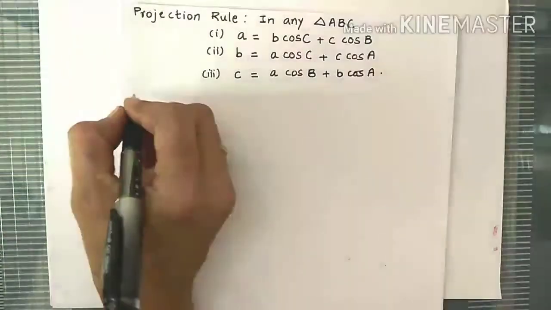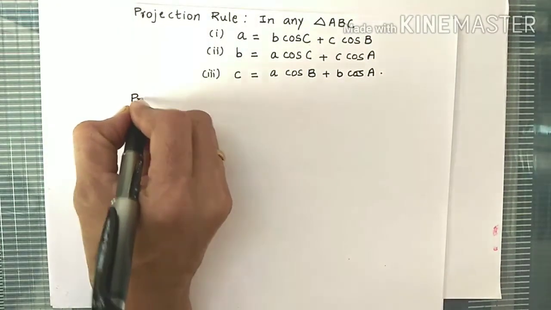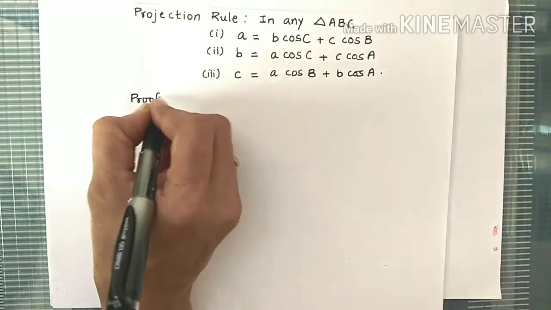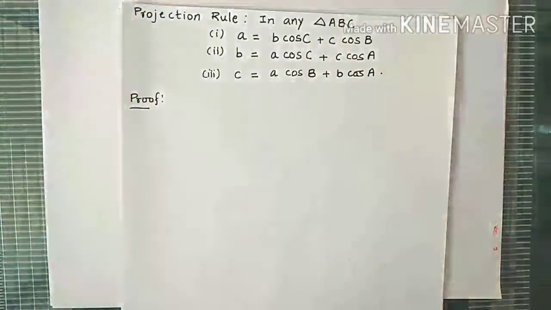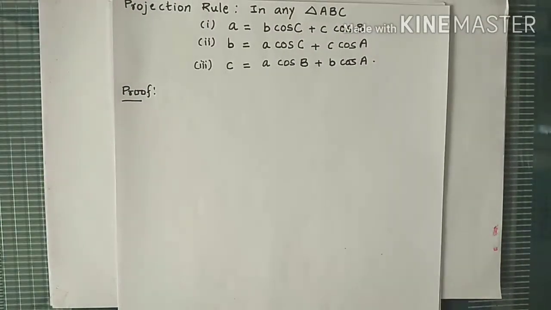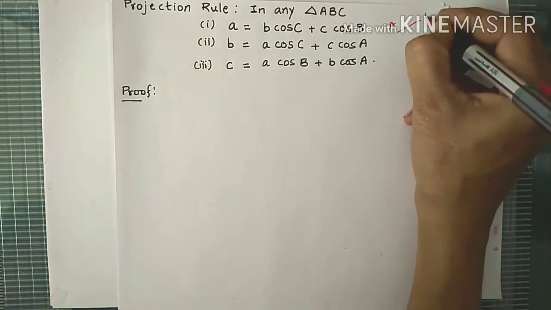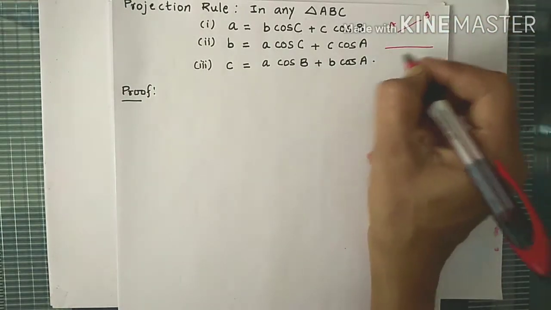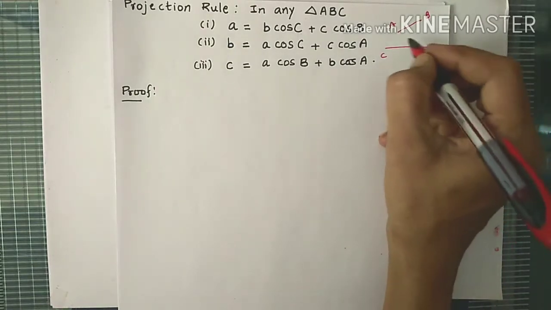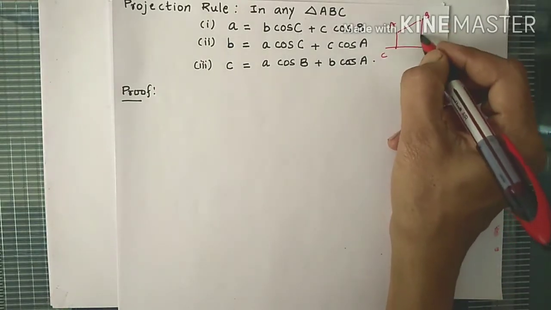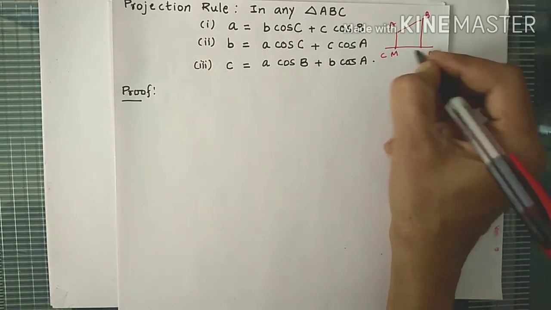Now let's see the proof of the projection rule. But first of all, let's see what projection means. So projection is basically if we have AB like this and we have a segment CD like this, then draw perpendiculars from this A and B on CD.